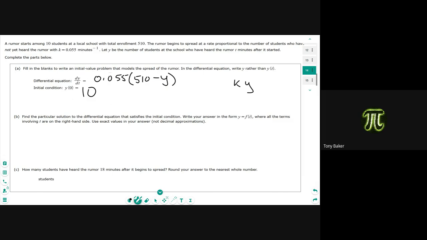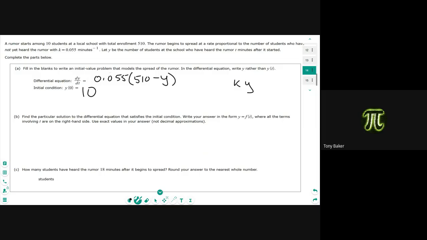How many less students now don't know about the room? So when it's looking for its differential equation, that's what it's looking for. It's not looking for the E yet. The next thing is asking about the E.